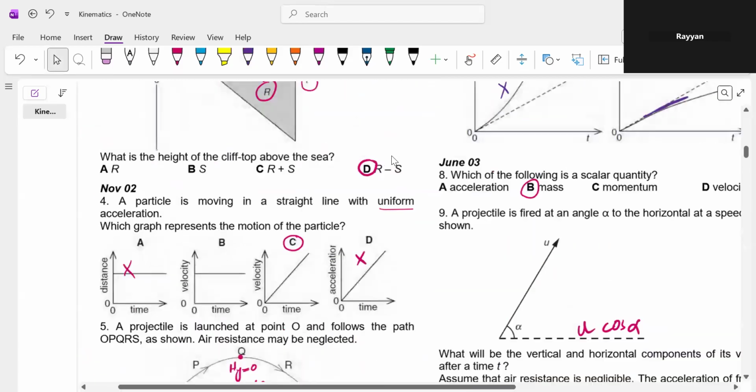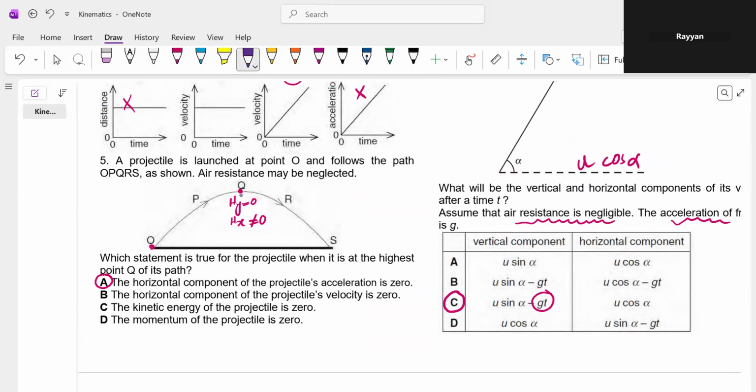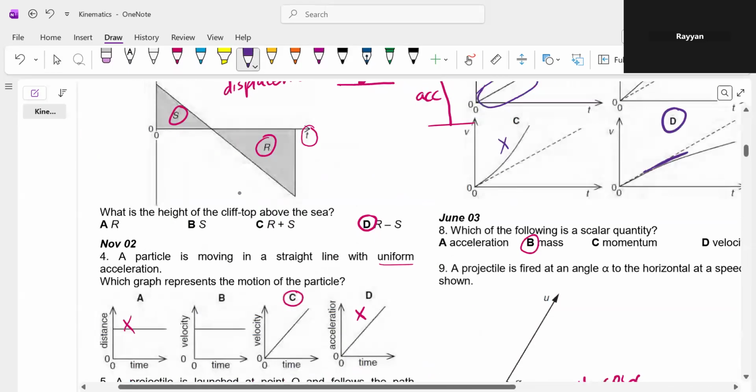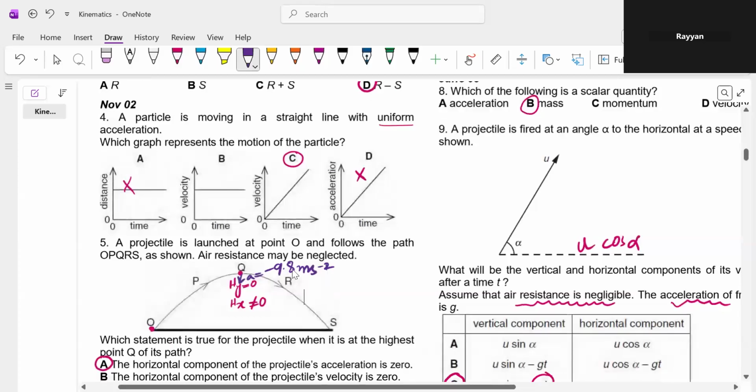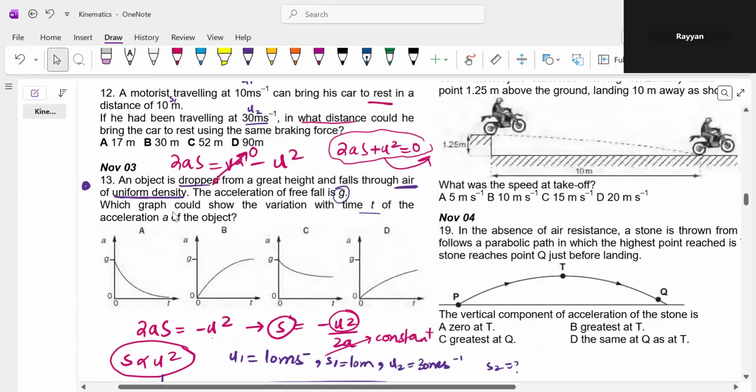If you see over here, what we were saying, the vertical component is zero, right? And at this stage, the acceleration was negative. If you remember, I told you at this stage the acceleration will be minus 9.8 meters per second square when it starts falling. So the acceleration will decrease. It is negative when there is air resistance present.